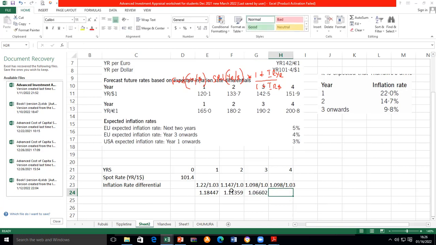And that one is still the same as this one here. So these are the inflation differentials. Then for the forward rates, you start multiplying. Multiply by what? You take this differential, multiply by that.